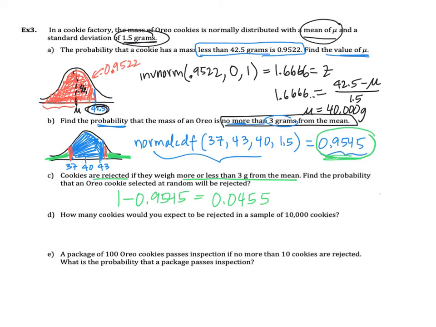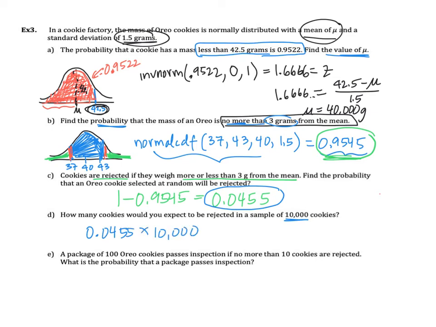Now let's look at part D. Part D says, okay, how many cookies would you expect to be rejected if you had a sample of 10,000? So if there were 10,000 cookies, how many would you expect to be rejected if roughly 0.0455 of them, so 4.55% of them, are rejected? Hopefully you're saying, I need to multiply those two numbers together.